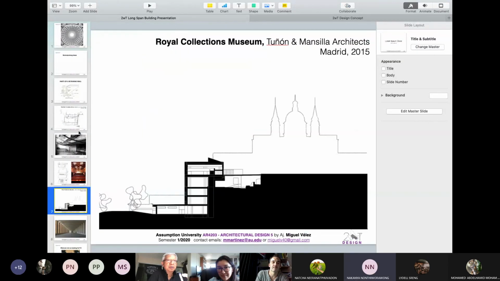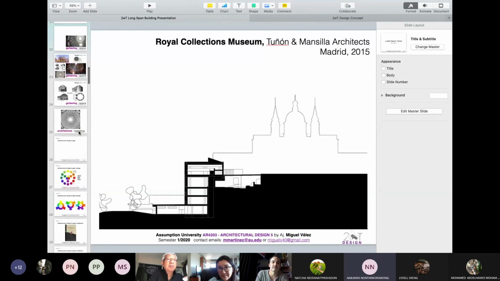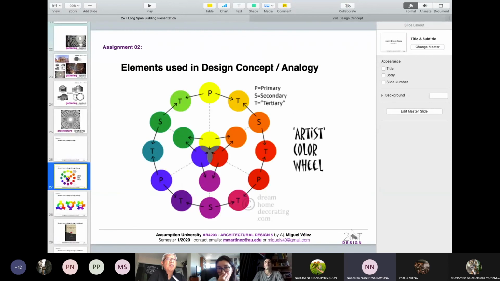I think I can use that color wheel, but there needs to be something more to explain the concept, in a unique way. The point is, for me to explain this thing of the design concept, I need to use some image that you know from so many years.